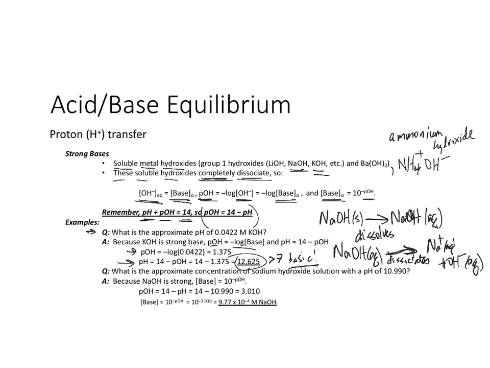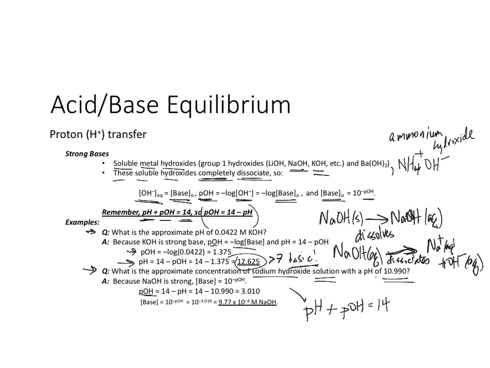Let's do the other way, and again, what's the approximate concentration of sodium hydroxide if the solution has a pH of 10.99? So let's notice, again, if we know the pH, I can know the pOH. Again, remind yourself, pH plus pOH is equal to 14.